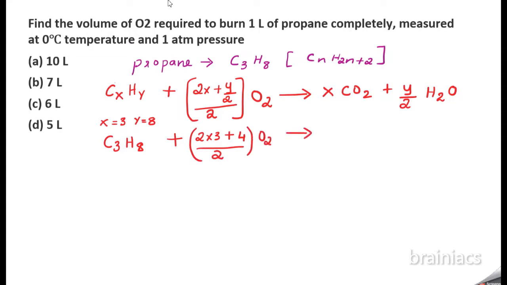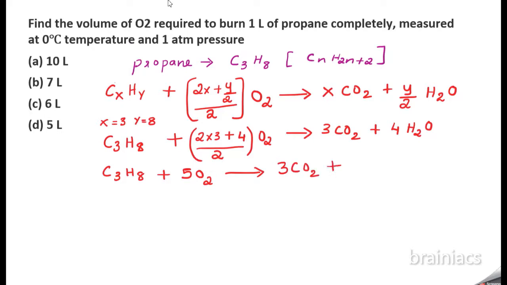Now x CO2 means 3 times CO2, plus y by 2 is 8 by 2, that is 4 H2O. So this can be further written as C3H8 plus, 3 into 2 is 6, plus 4 is 10, by 2 is 5 O2, giving you 3 CO2 plus 4 H2O.